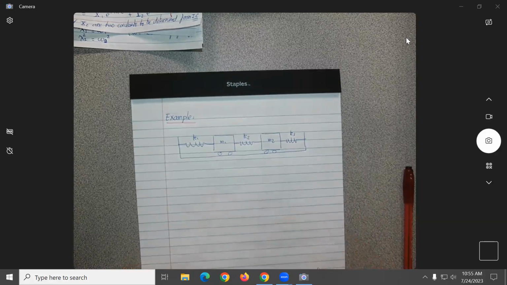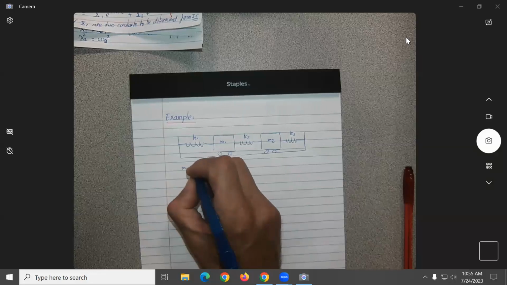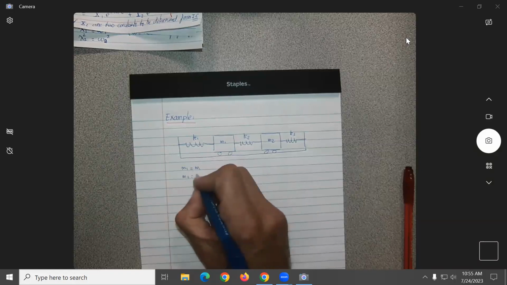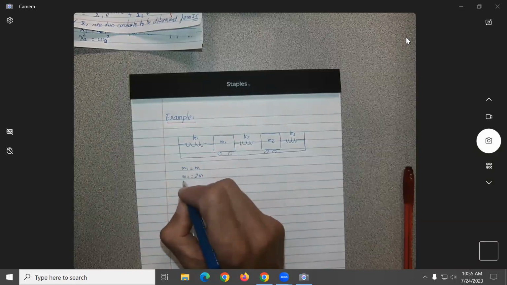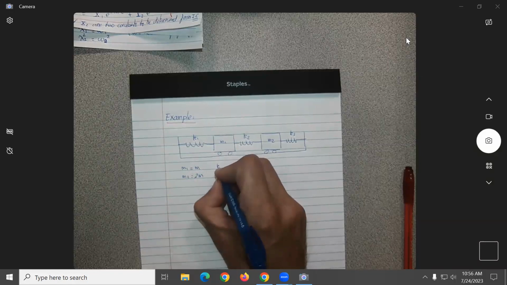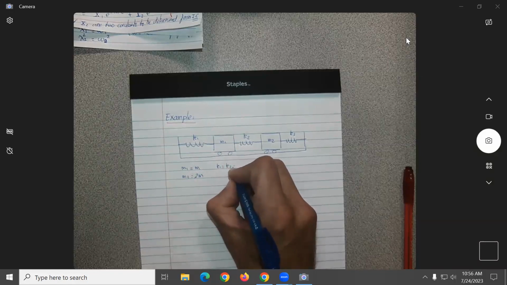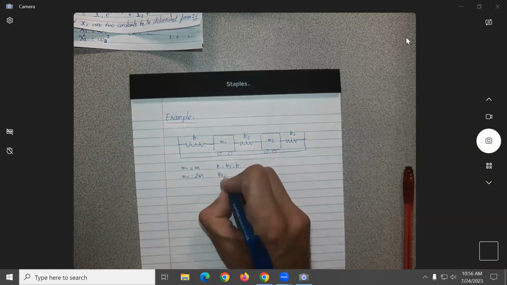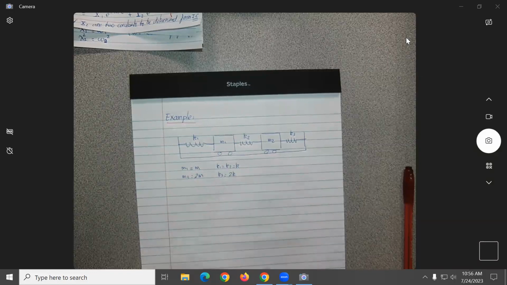Okay, so for this problem, let's say we're just going to say M1 equal to M, M2 equals to 2M, K1 equals K2 equal to K, and K3 equals to 2K.